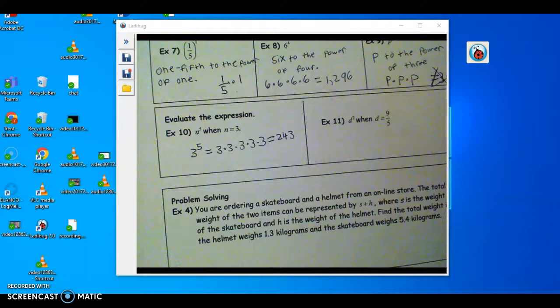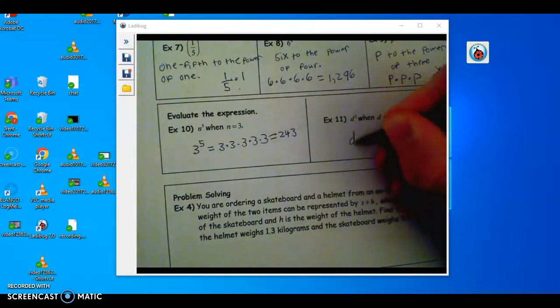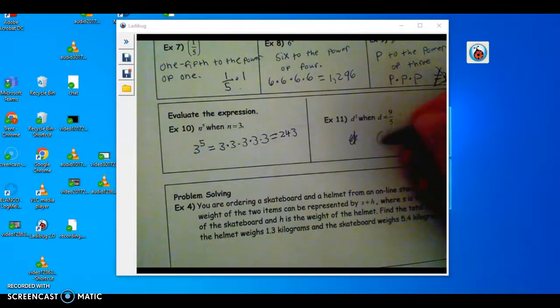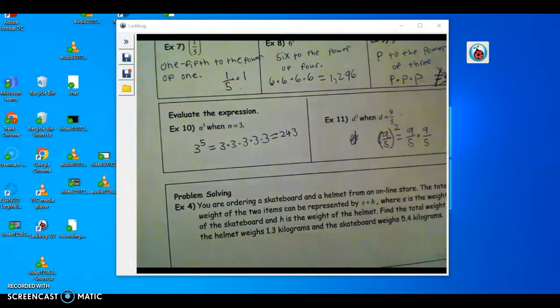Example 11, d to the power of 2 when d is equal to 9/5. Right? So even though our variable d is equal to a fraction, it doesn't change anything. This is still 9/5 squared, or 9/5 times 9/5.